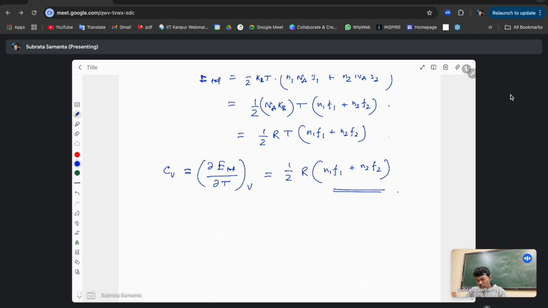Now I know that Cp minus Cv is basically n times R, where n is the total number density.